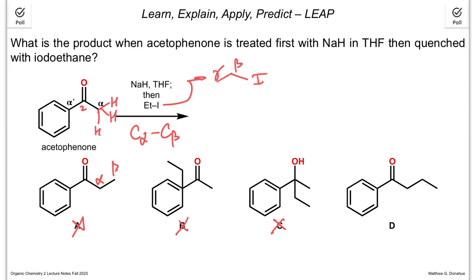We need to remain at 2. This has been reduced. So that's really undergone a nucleophilic addition. So D is correct because we have the alpha, we have beta, and then gamma. So this is the bond that we made.